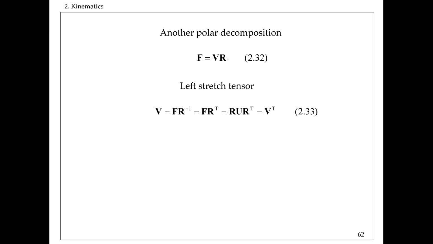We multiply by R inverse, and then we have V from 232. But we also note that the inverse of R can be written as R transpose.